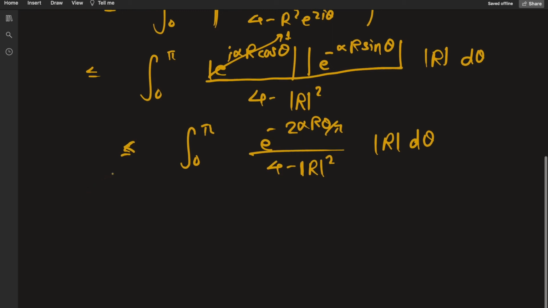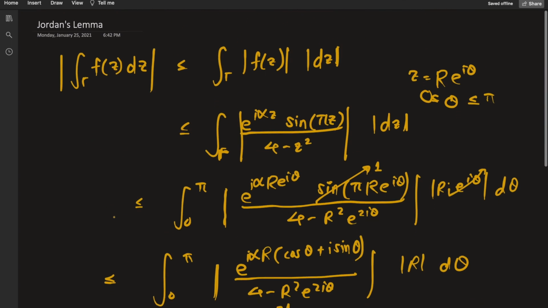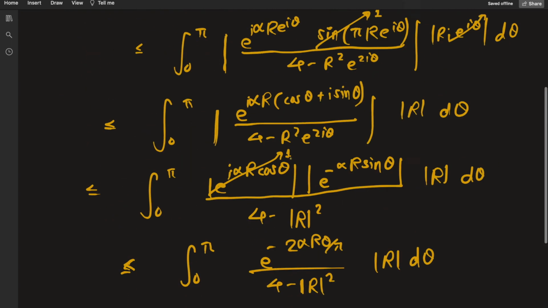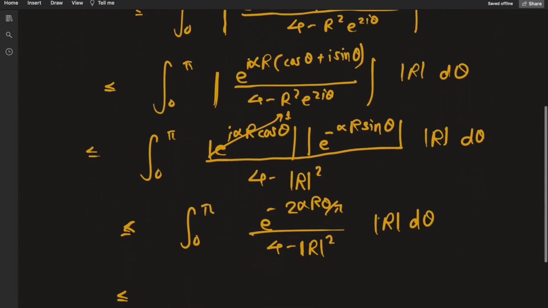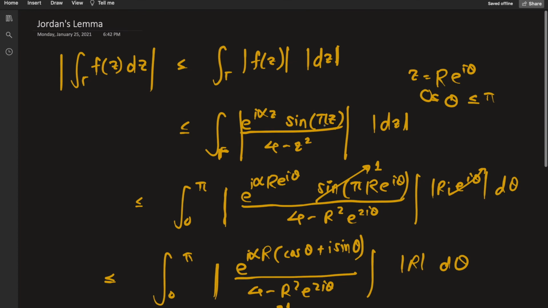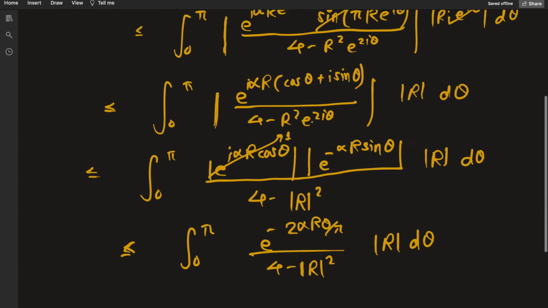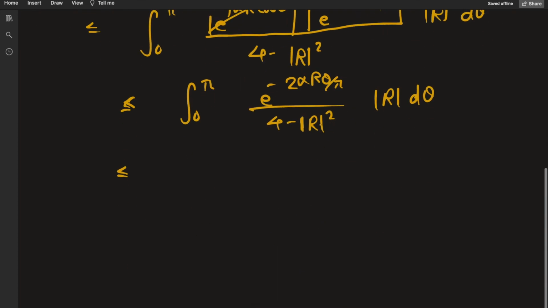And now we can use Jordan's lemma, at least the statement of Jordan's lemma. I could have basically just reduced it down to one maximum of this function apart from the exponential and then just directly use Jordan's lemma, but I just like to show the steps for you to understand using Jordan's lemma, and you can watch the video on that if you don't understand what I did.